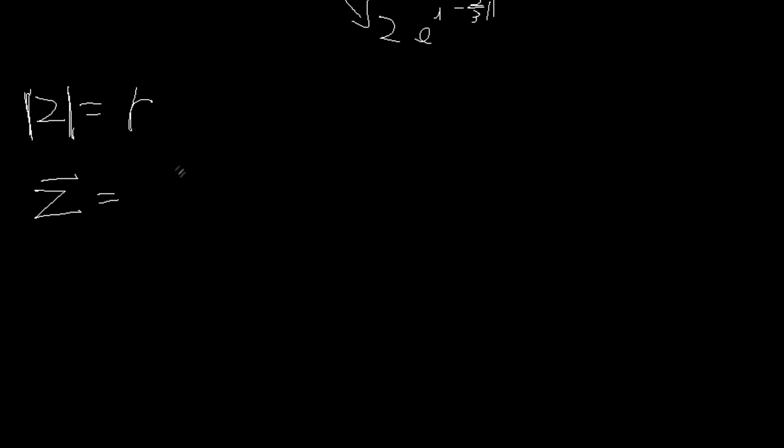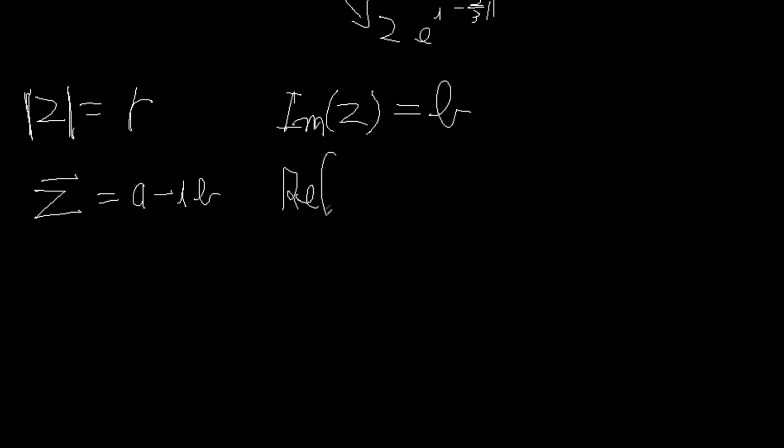This is the complex conjugate, and it's a minus ib. Another one is Im. Im of z is just the imaginary part, so it gives you b. And you also have Re, which is the real part of z, and this is a. These are some common functions you'll see, and now you also know them.